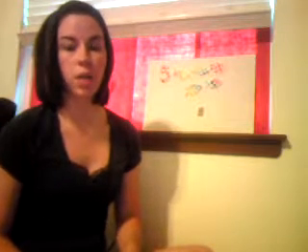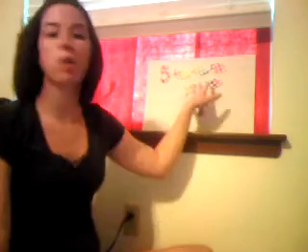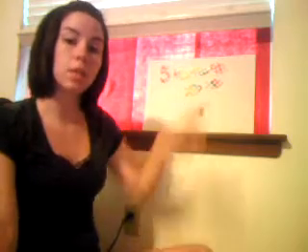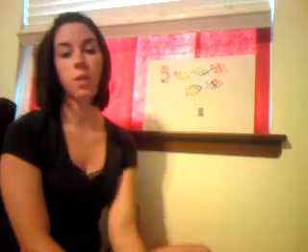So then they would subtract, and I find that this book is very good for adding and subtracting for kindergarten age level, and it's a great activity because the students can be hands-on with it and they can still understand what's being taught. So maybe if their partner doesn't understand what they just read, then they can say, hey, this is what you just read. There's 5 fish, but then there's 1 in the water, so that makes 6, because 5 plus 1 equals 6. So they can help each other out.